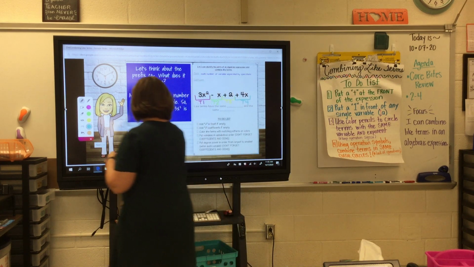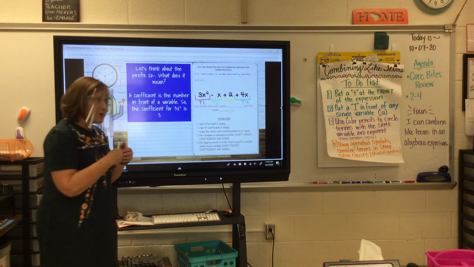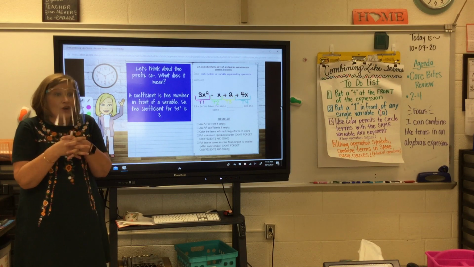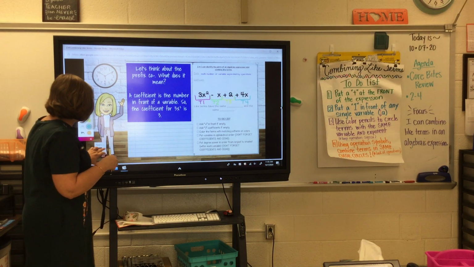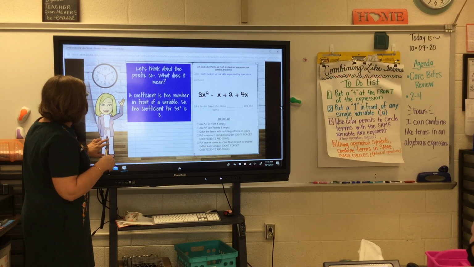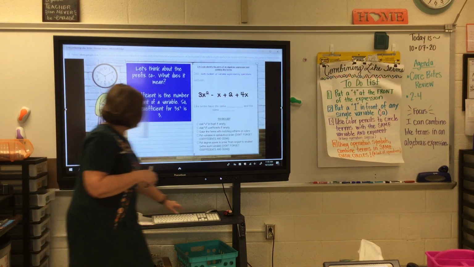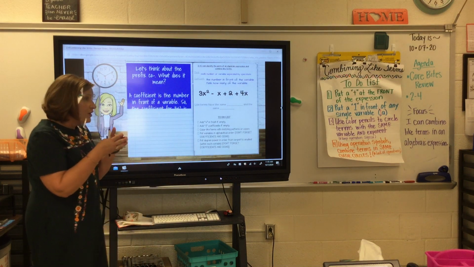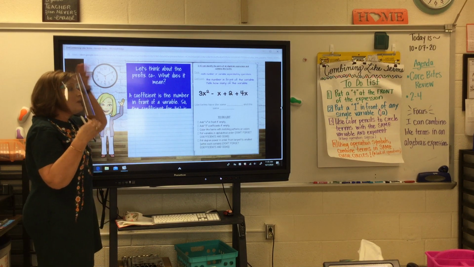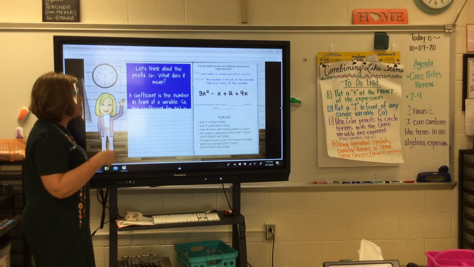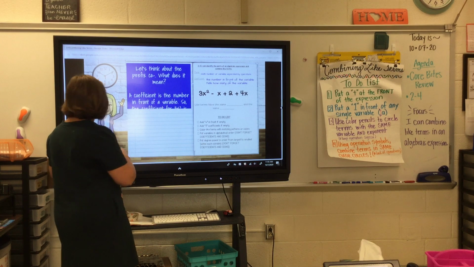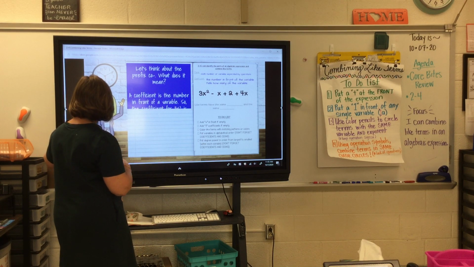A coefficient is a number that is together with a variable, okay? It tells you how many of that variable, okay? So the number, I'm gonna write that at the bottom right there.